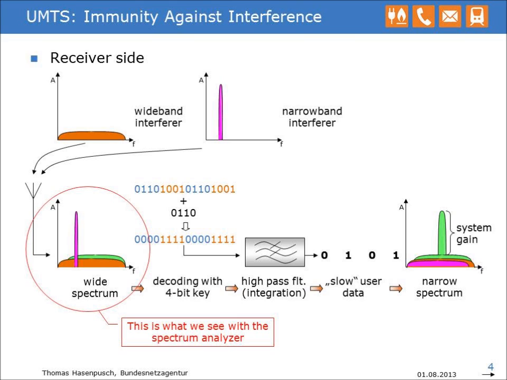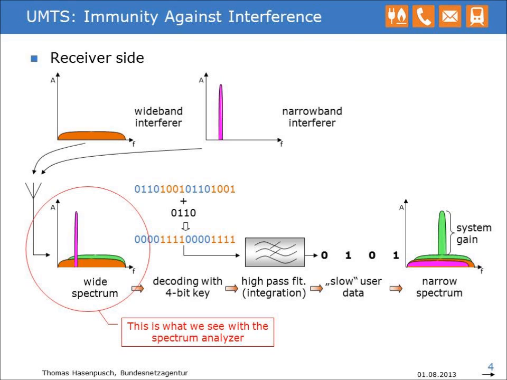So even if we have narrowband interference, it will result in a fast changing data stream, and that will again be suppressed by the integration and not come out. So the user receiver is actually not so much affected by the interference unless it is as high as the system gain.